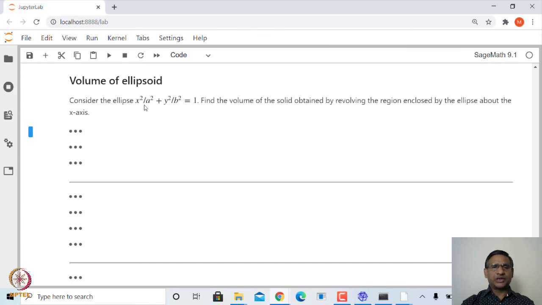So, one can obtain an ellipsoid by the surface of revolution of rotating or revolving this ellipse x square upon a square plus y square upon b square equal to 1 about the x axis. In fact, you can just take the upper part of this ellipse and rotate about the x axis between x equal to minus a to x equal to a, you will get an ellipsoid.